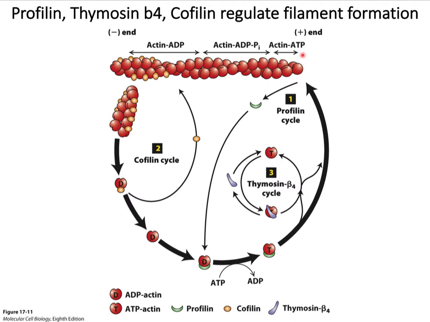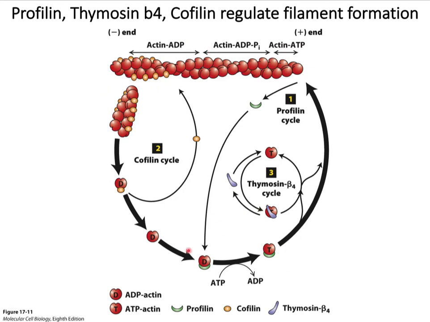So what is interesting is that profilin has a second function because of where profilin binds on G-actin. This function is not shown on this slide. The second function of profilin actually blocks or physically prevents the interaction of this ATP-bound G-actin monomer at the minus end.